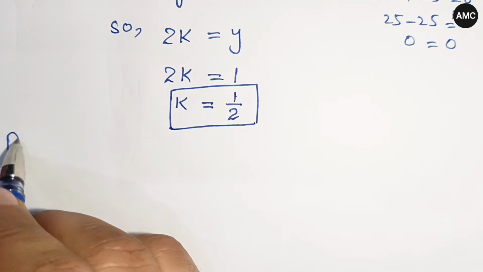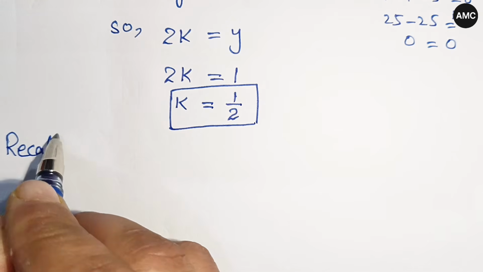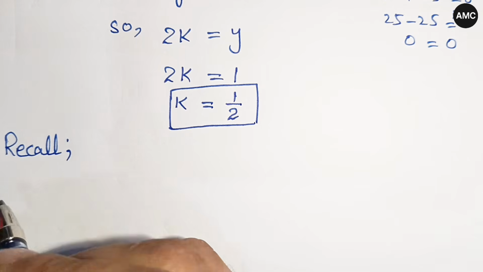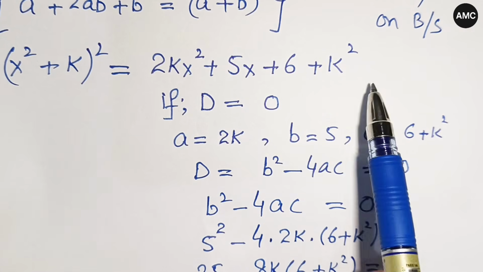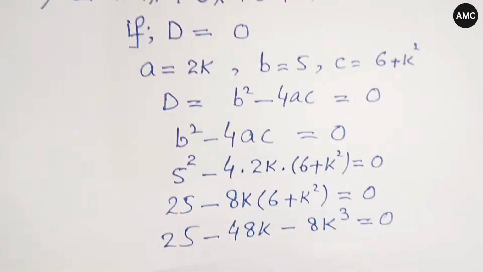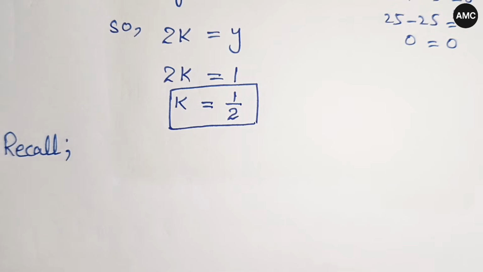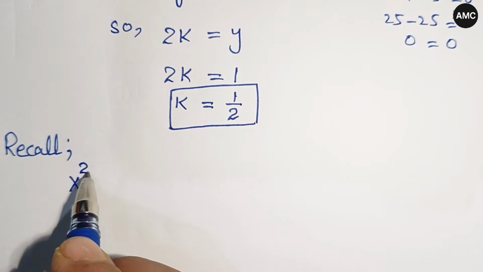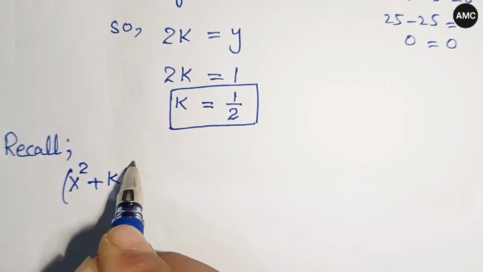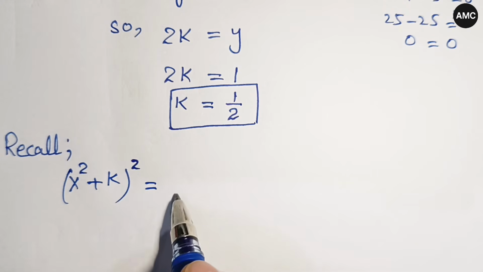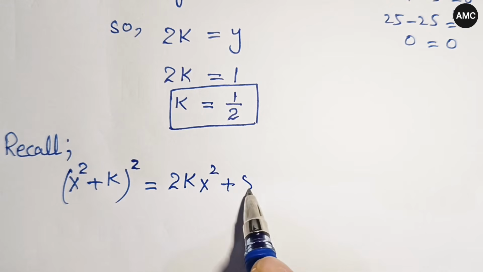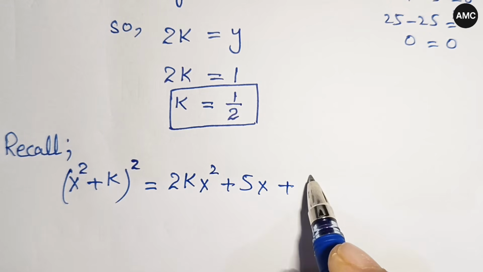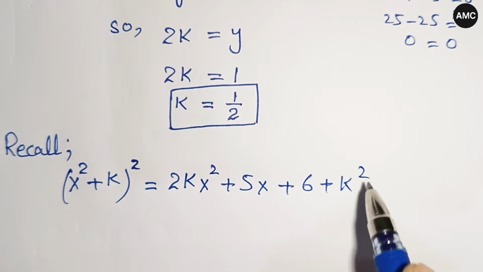Now recall our above equation, that here we have x squared plus k whole squared is equal to 2k x squared plus 5 times x plus 6 plus k squared.